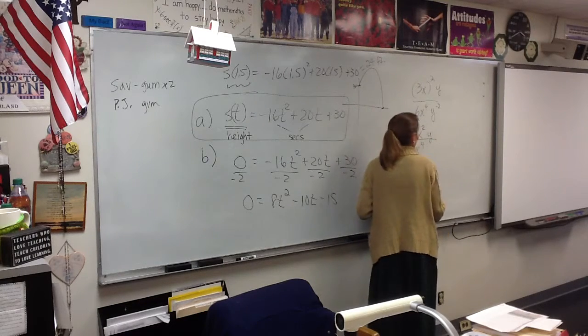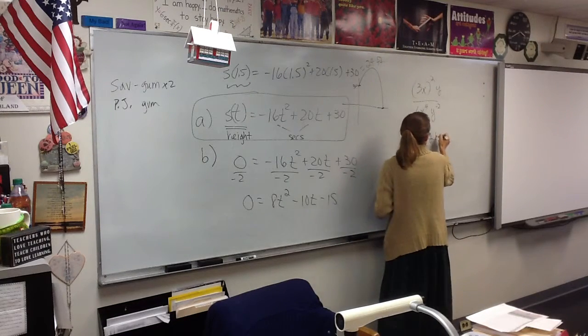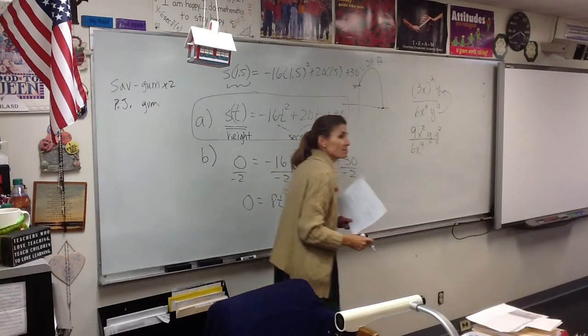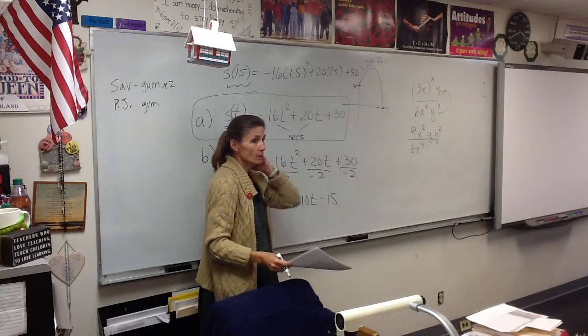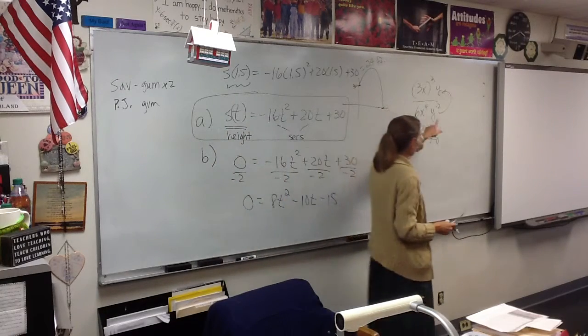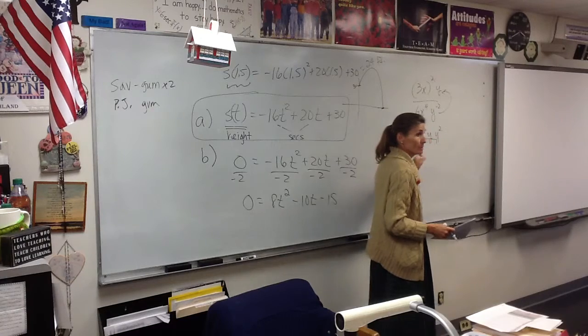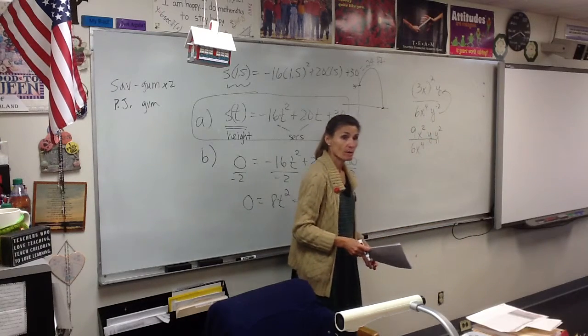And wait a minute, while I'm at it, can I take this guy to the top? Yeah. Remember, negative exponents move you. So since this one's in the bottom right now, I'm going to take him up to the top. Everybody okay?